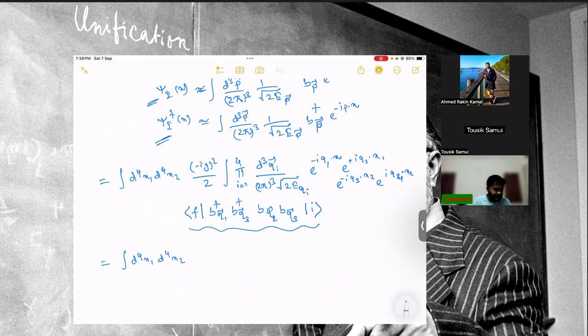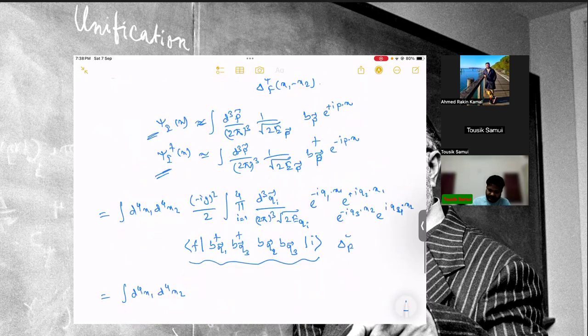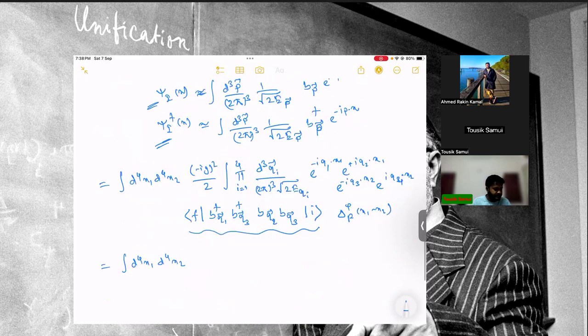Then we also have the Feynman propagator here, so this will eventually give us g squared over 2, and then the integration over all this.